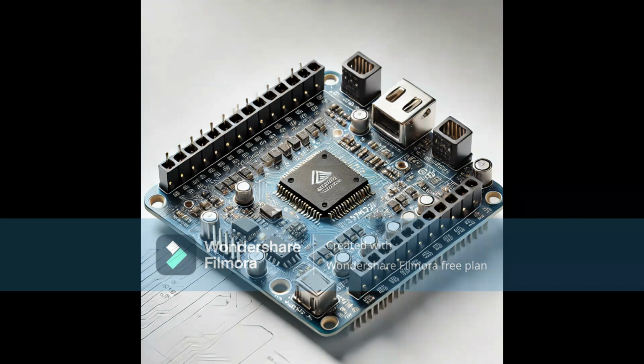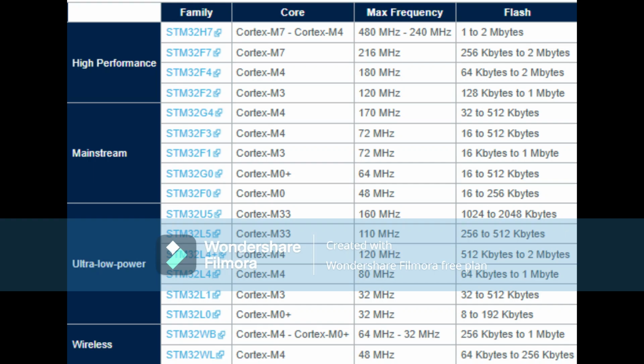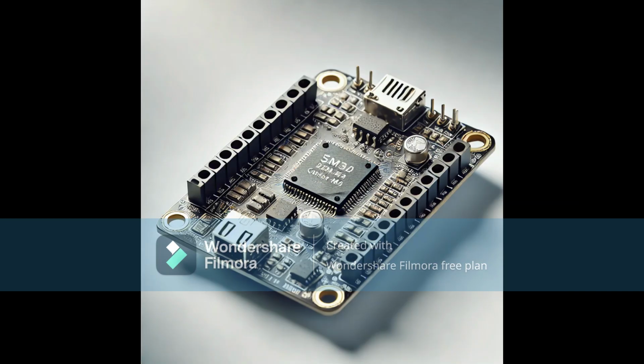Ultra-low Power: STM32U5, Cortex-M33, 160 MHz, 1024 to 2048 KB. STM32L5, Cortex-M33, 110 MHz, 256 to 512 KB. STM32L4 Plus, Cortex-M4, 120 MHz, 512 KB to 2 MB. STM32L4, Cortex-M4, 80 MHz, 64 KB to 1 MB.